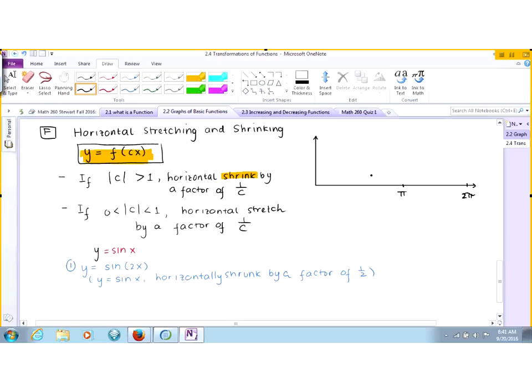This is 2 pi. Here's the middle. So this is pi over 2, this is pi, this is 2 pi.